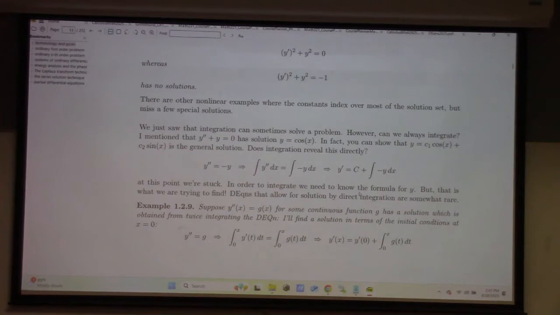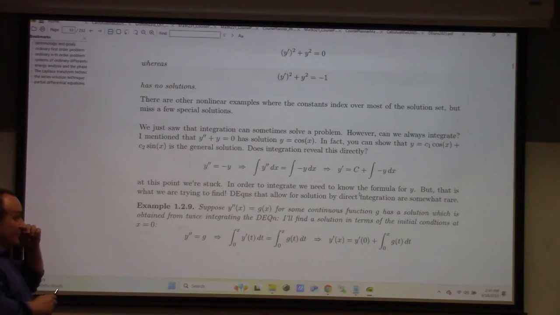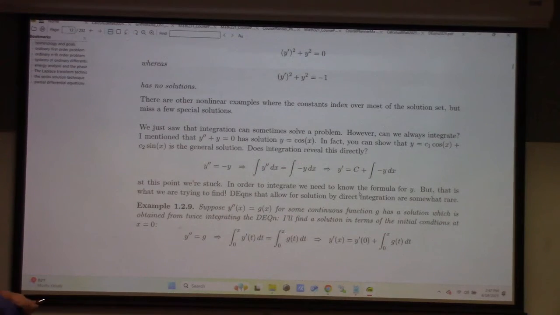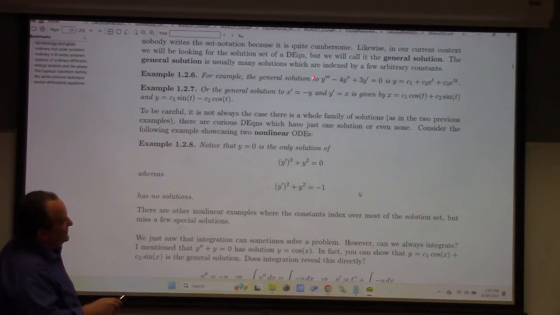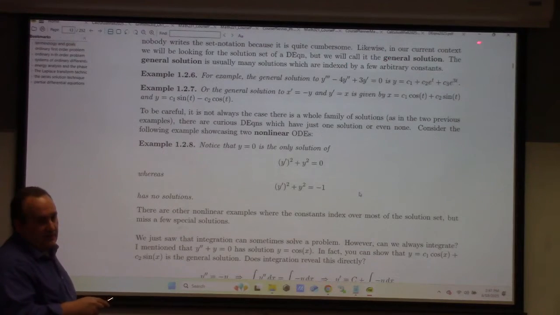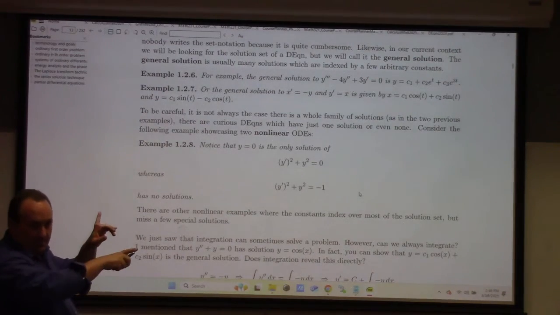Okay, so I just showed you that integration sometimes solves a problem. The question is, can we always integrate? It's not at all clear. By the way, just to go back up here, why can't we just integrate to solve this problem right here? What would happen if we integrate both sides? It would give you y double prime minus 4y prime plus 3y equals a constant, because when we integrate, we get rid of 1 prime.